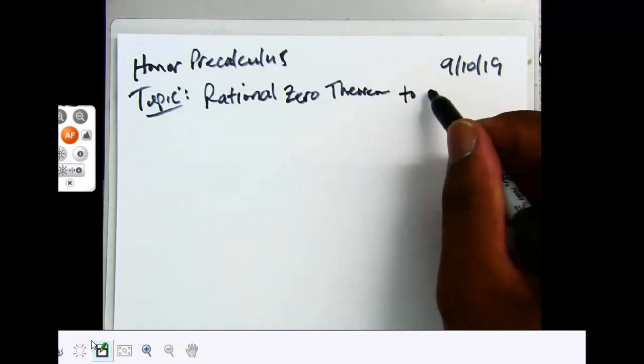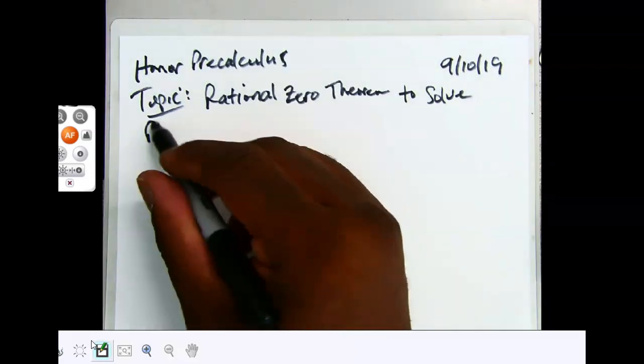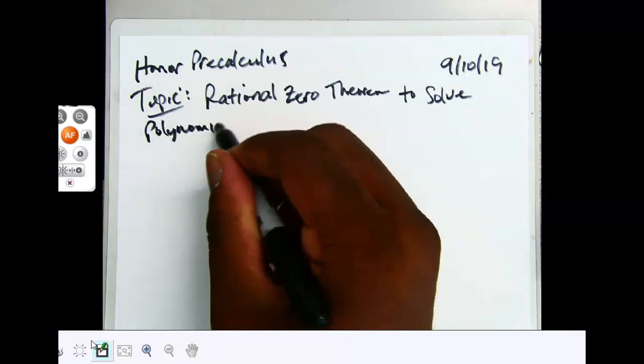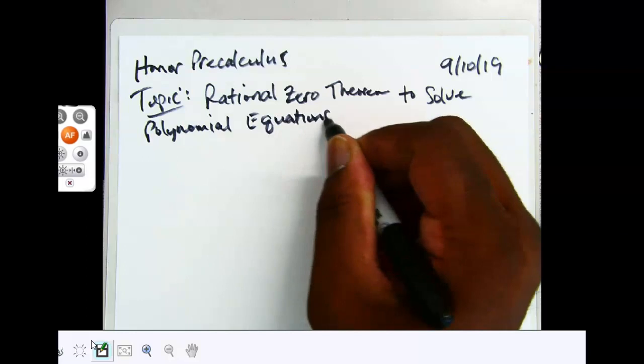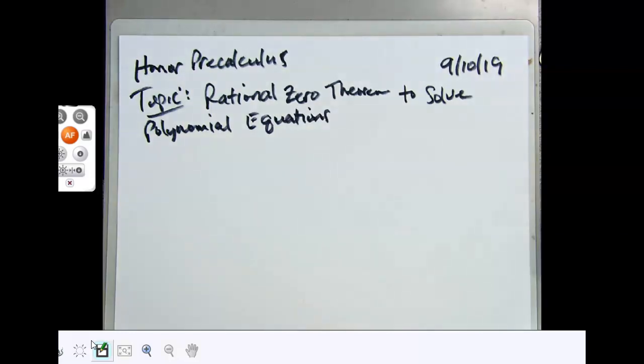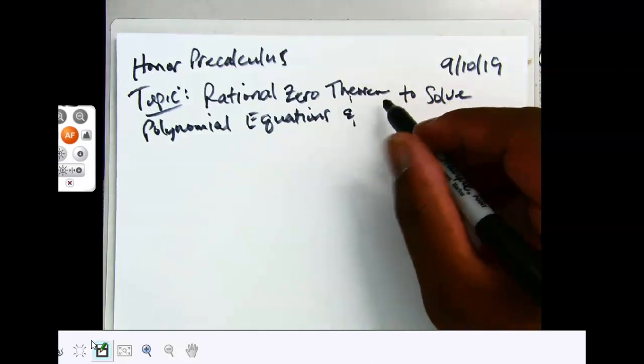And we're going to use that to solve polynomial equations and find zeros of the polynomial function.